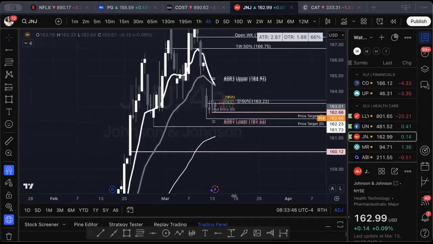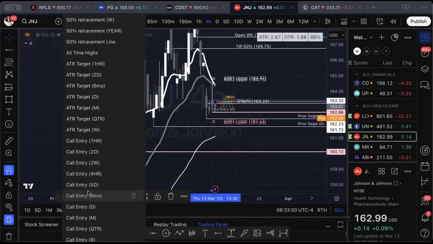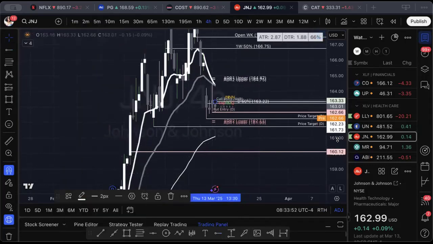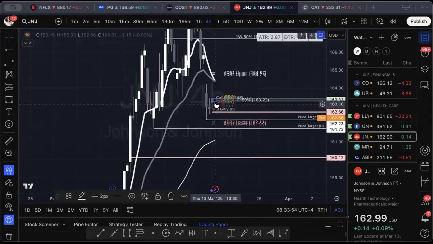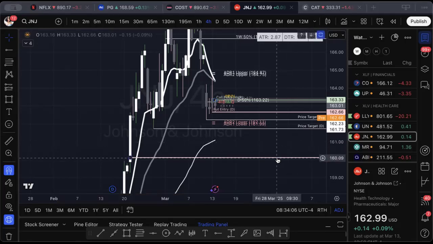And then let's look at this to the upside. And this would be the call entry off of the 4-hour time frame. And let's see. We are looking at to the upside 165.88.